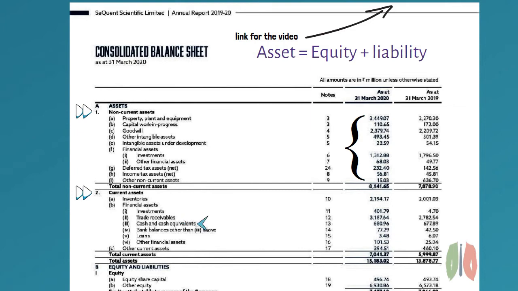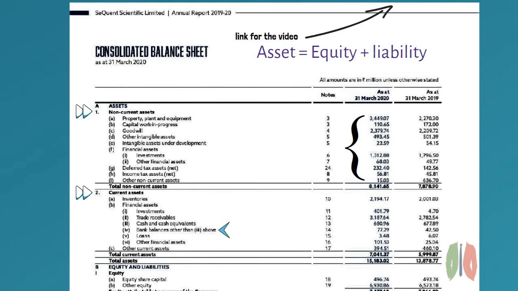Next, cash and cash equivalents. These are the deposits with the banks which Sequent Scientific has deposited in the banks for future purposes. Next, bank balances other than cash and cash equivalents. It is number 3. So these are the unpaid dividend accounts and margin money deposits and bank guarantees.